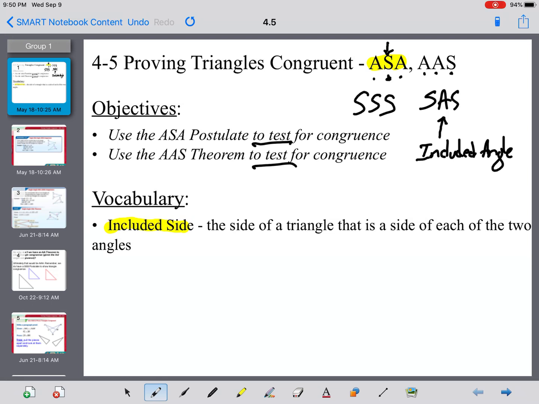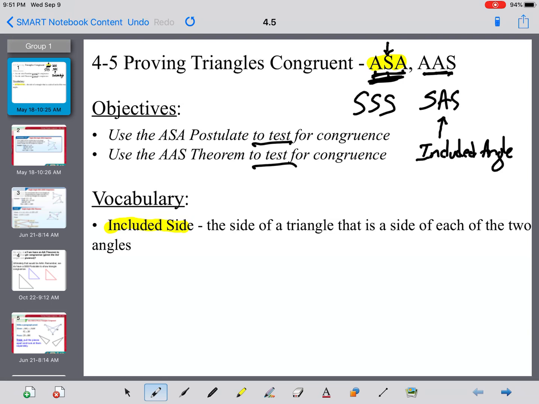But these are tests for congruence. Both cases are. So we have angle side angle with the included side. And then we have angle angle side, which is not the included side, which is interesting that we have both options. But those are ways of proving triangles are congruent. So if we have this situation, we can say the whole triangle is congruent, which means all the corresponding parts of the congruent triangle are congruent.